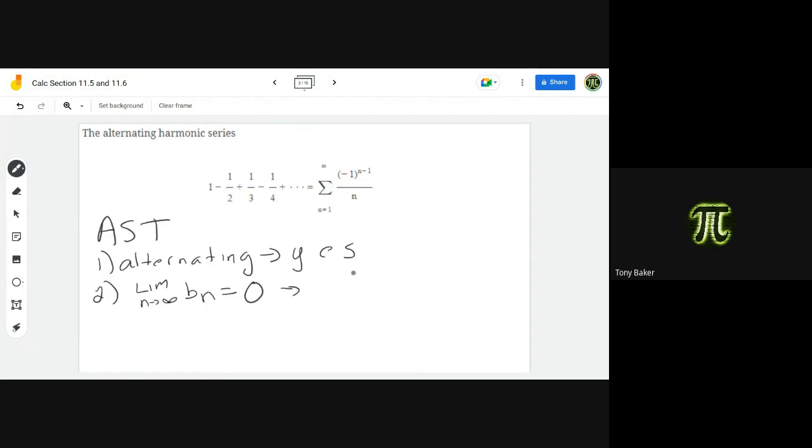So in this case, Bn is 1 over n. As n gets infinitely large, does that go to 0? Yes. The sum doesn't go to 0. That's why the harmonic series diverges. But Bn, that sequence, the limit of it does go to 0. So yes.